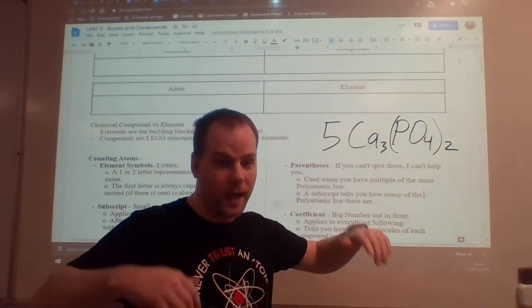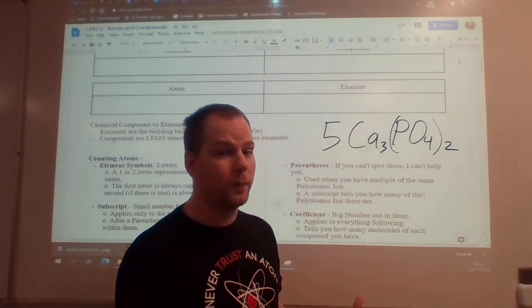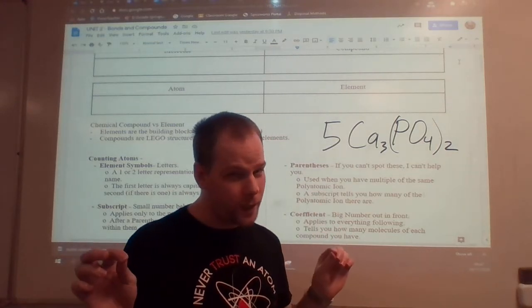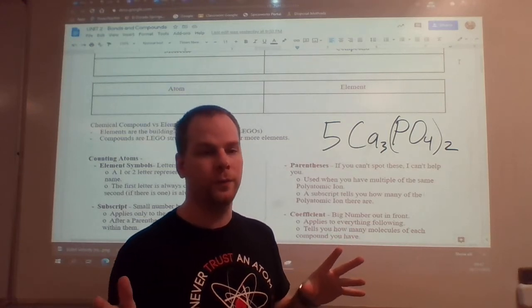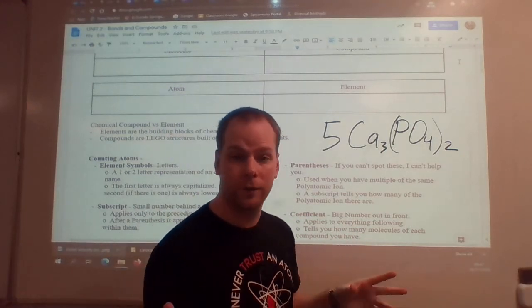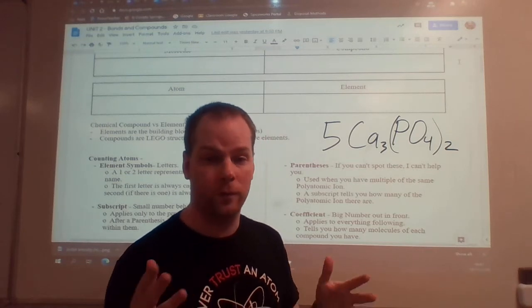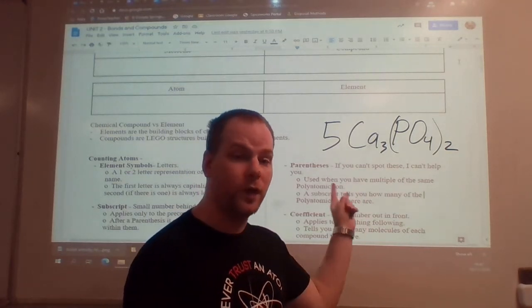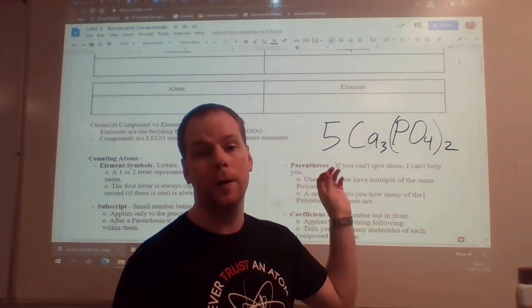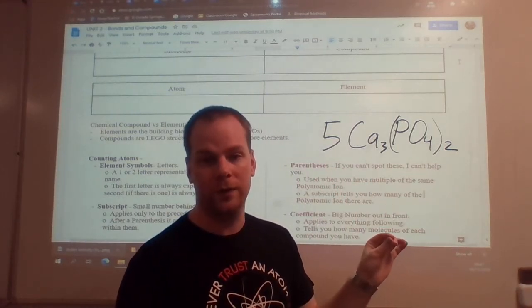The way you determine that, if you're not super familiar with your element symbols, which you all should be at this point, is to count the uppercase letters, the capitalized letters. There is a capitalized letter at the beginning of every element symbol. This is why the second letter must be lowercase in element symbols.